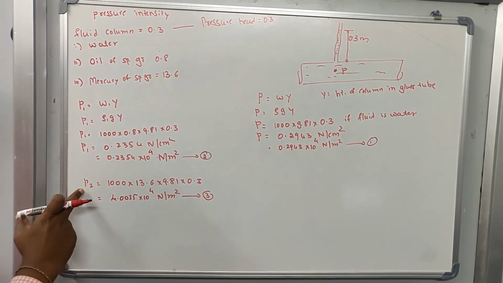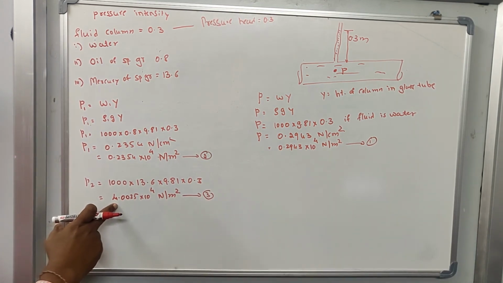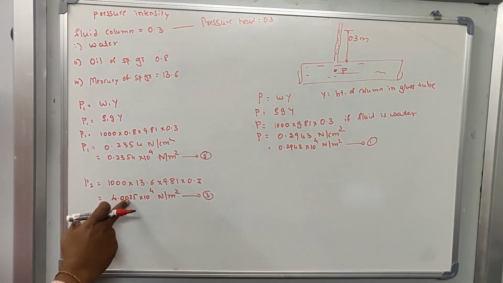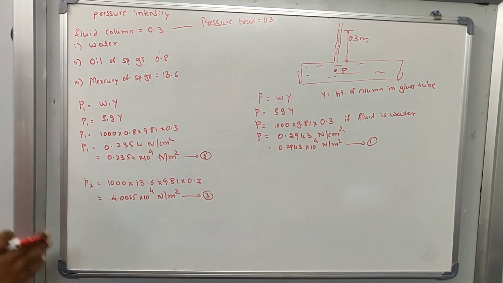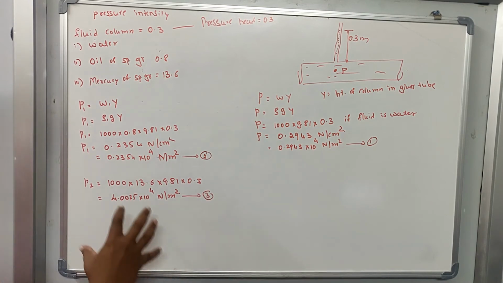Then P2, if mercury is used, then the pressure intensity is 4.0025. Okay, so this is the concept, that is how to measure the pressure intensity inside the pipes by using the manometers, by using the different fluids. These are the basic fundamental equations we are using.